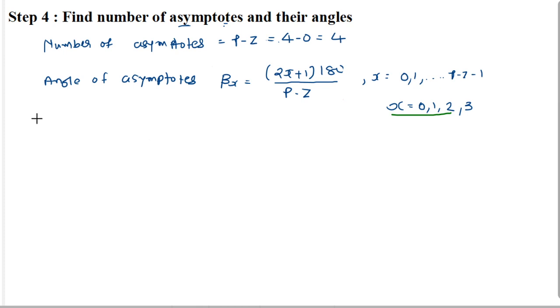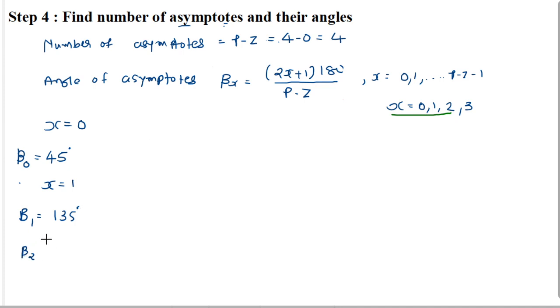Here, when x equal to 0, then beta 0 is 180 divided by 4, that is 45 degrees. Then when x equal to 1, beta 1 equal to 135 degrees.